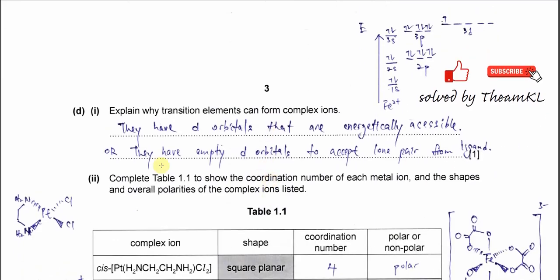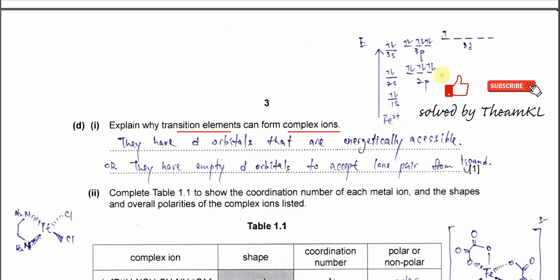Part D1. Explain why transition elements can form complex ions. So why can the transition elements always form octahedral, tetrahedral, square planar, or these complex ions? Okay, it's very easy. First, we must make sure the transition elements have empty orbitals, especially d orbitals. Why? I try to give you one example, like Fe2+.